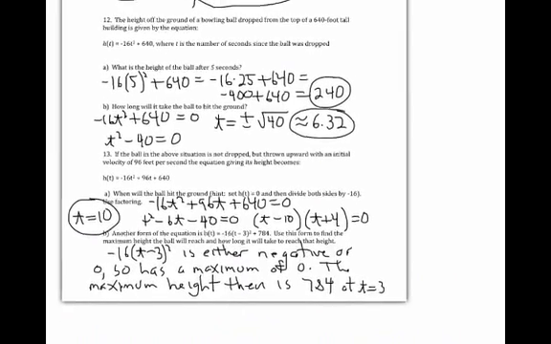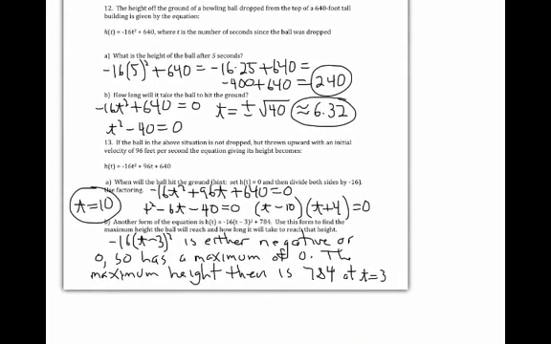Okay, so then we have a problem of a bowling ball dropped from the top of a 640-foot tall building. The equation for where that ball will be after t seconds in terms of its height off the ground is given by the equation negative 16t squared plus 640.